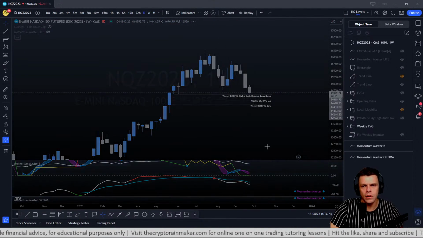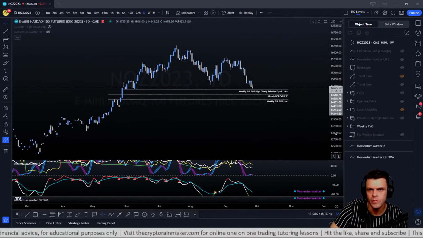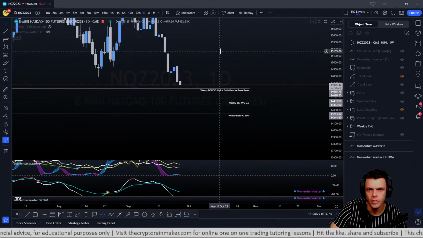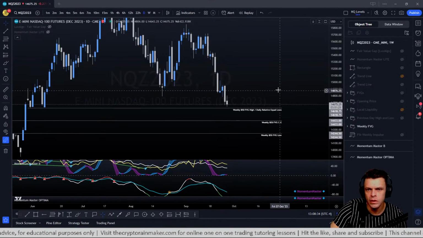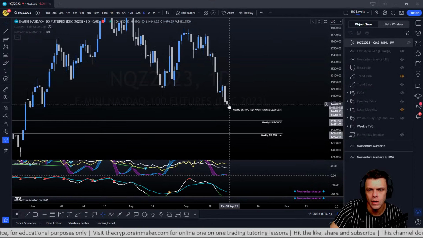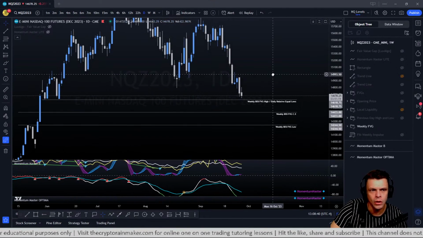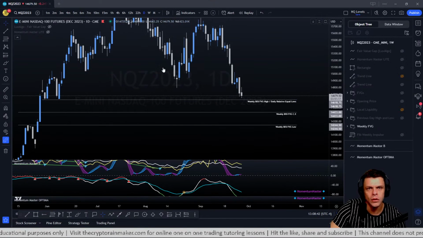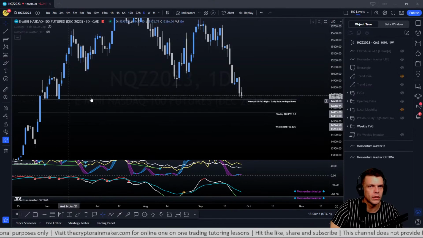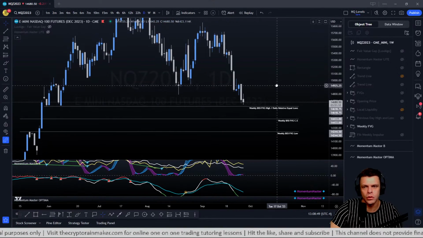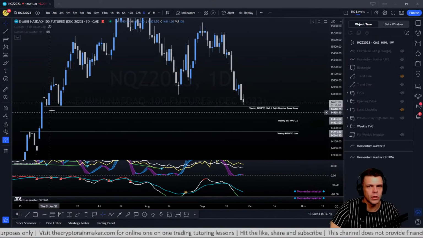Alrighty, let's go to the daily chart. Okay, so we came for the previous day low, but it doesn't look like we got a strong reaction to the upside from that level. So in the shorter term, it looks like it is drawing towards these relative equal lows on the daily chart. This is where the sell side liquidity will reside.